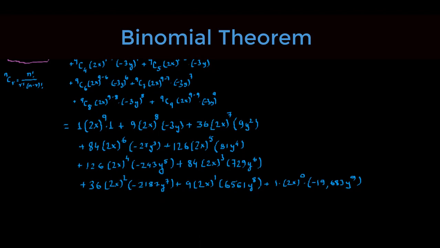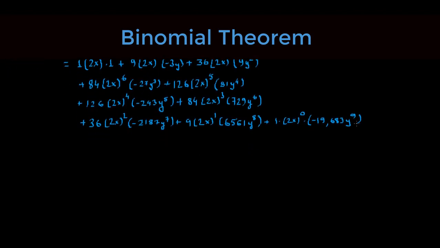Okay, so we come to the final part of the calculation. So this is the expansion of twice x minus 3 of y whole raised to the power 9. So this gives us 2 raised to the power 9. Okay, 2 raised to the power 9 is 512. 512 x raised to the power 9.